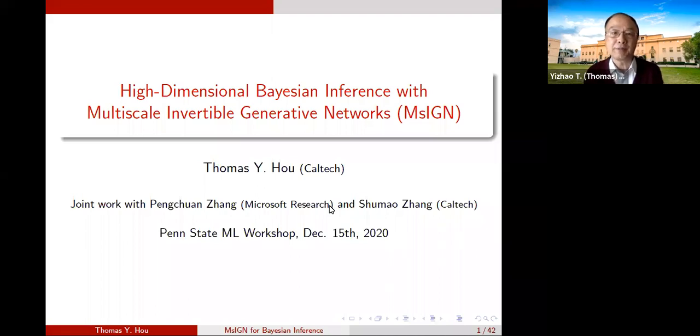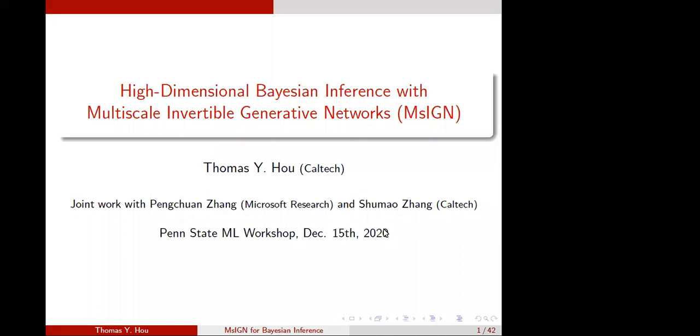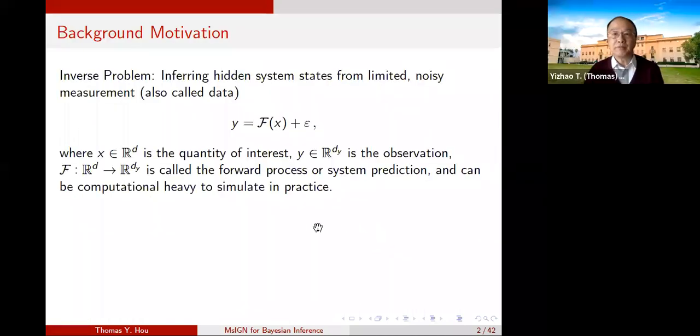So today I want to talk about my joint work with my former PhD student Pengchuan Zhang, he's at Microsoft Research, and my current PhD student Sumo Zhang. So we encounter many inverse problems in our life, in our scientific research. Very often we have some kind of measurement by solving a physical problem, like a forward problem, but we would like to infer the coefficient, for example, or boundary condition, in the physical system, which we denote as X, right?